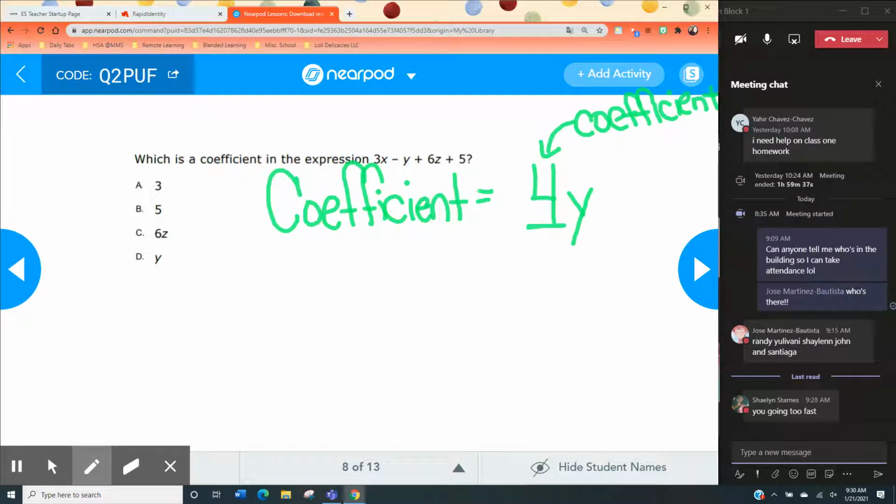So that is our coefficient, and the letter is our variable. So again, if you didn't write it before, make sure you write this example down now.